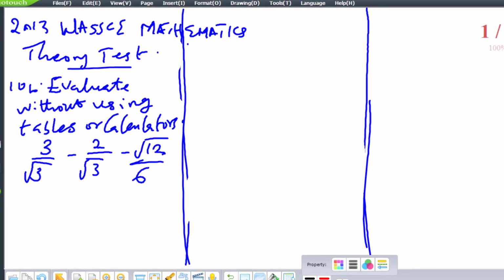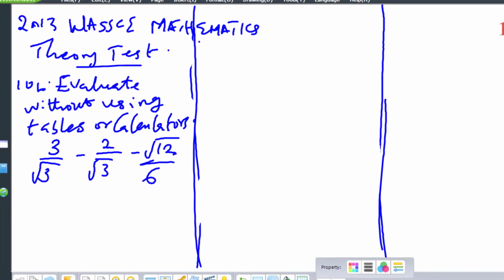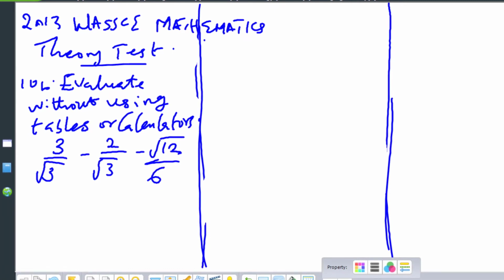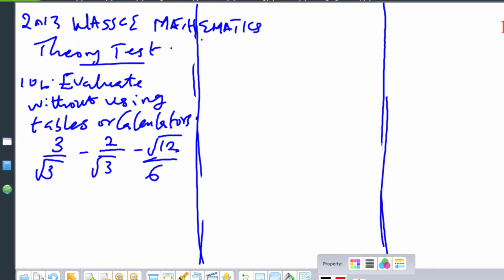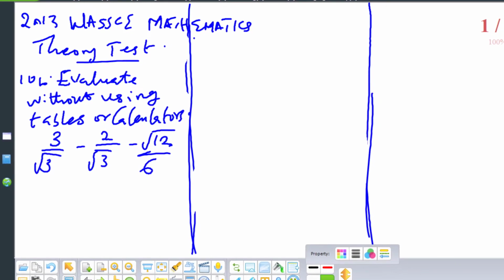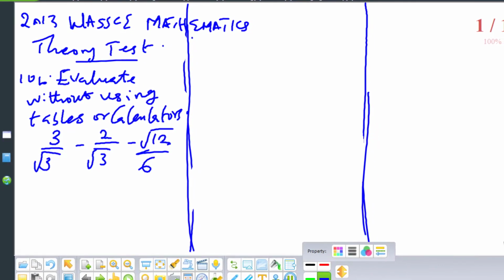Actually, this question is based on evaluation. Evaluation means we should solve further to get an absolute answer or an absolute figure.